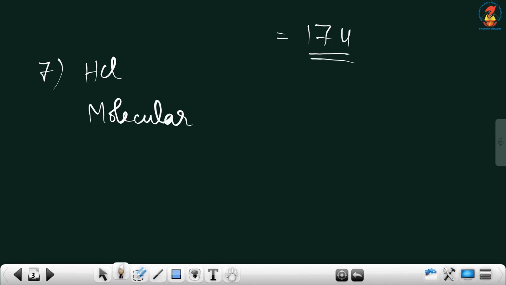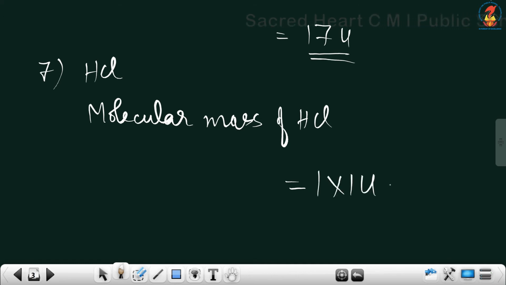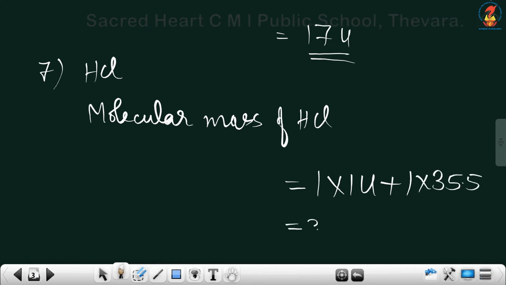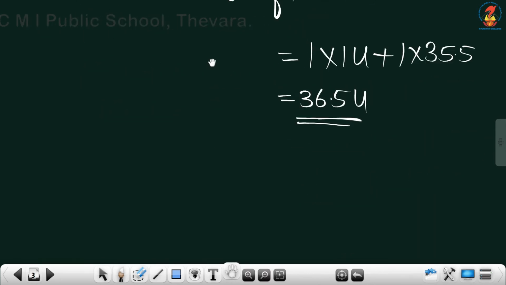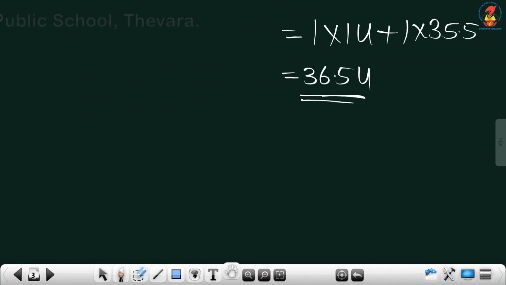So the molecular mass of HCl is equal to hydrogen atom only 1 into 1U plus 1 into 35.5, that is equal to 36.5U. That is the molecular mass of hydrogen chloride or hydrochloric acid.